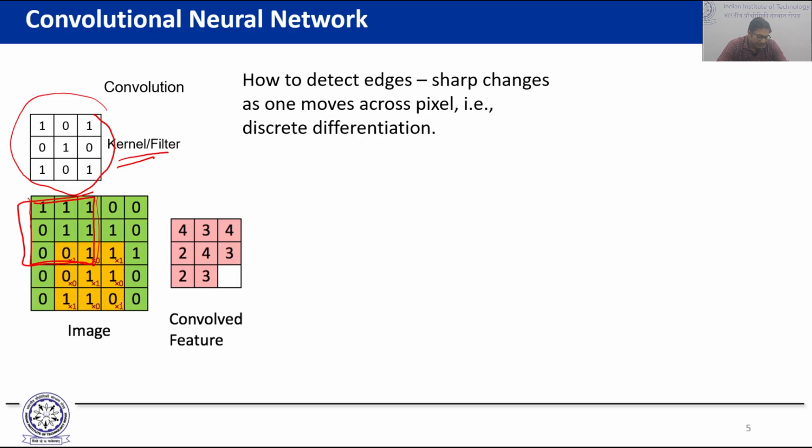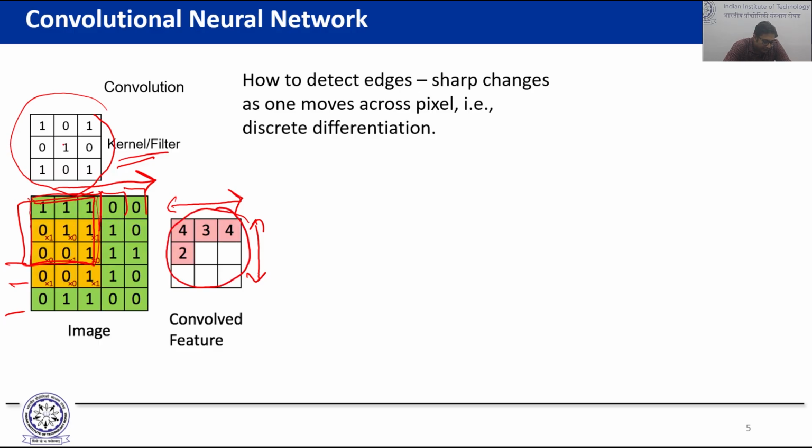In this particular case, when I am translating this filter across the entire microstructure, you will notice that when I am going in the x direction, this filter can move once, twice, or thrice. So the convolved feature is going to have 3 units in the x direction. Similarly, as I am coming down, I can move this once, twice, and thrice, so again I have 3 units as I come down. So what do these values actually mean?